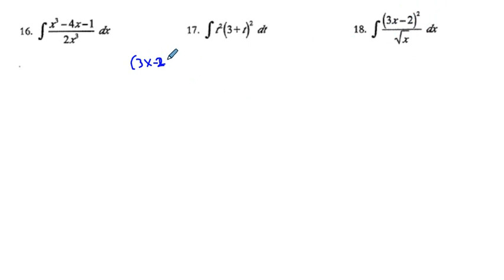When we square that, we get the first term squared, which is going to be equal to 9x squared, and then 2 times the first and the last term. Well, 3x times negative 2 is negative 6x, and times 2 of that is going to be minus 12x, and then plus the last term squared is going to be plus 4.